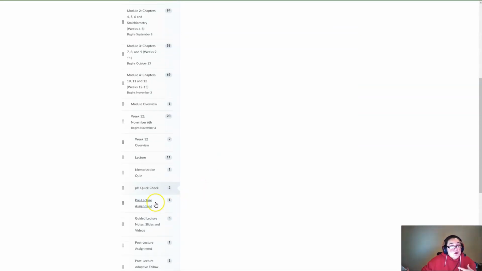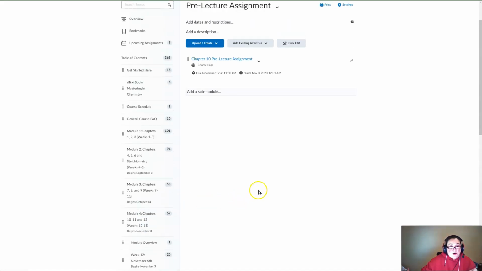I would get started working on that quickly. Make sure you get those acids and bases memorized quickly because you're going to see that in lab. I would start working on the pH quick check assignment early in this week, and that way you can get some help if you're stumbling on something or want to confirm that you have the rules correct.